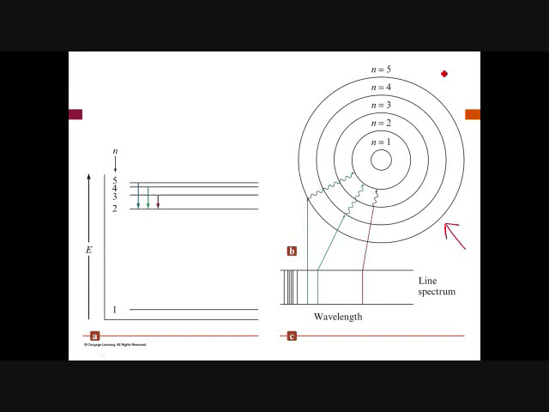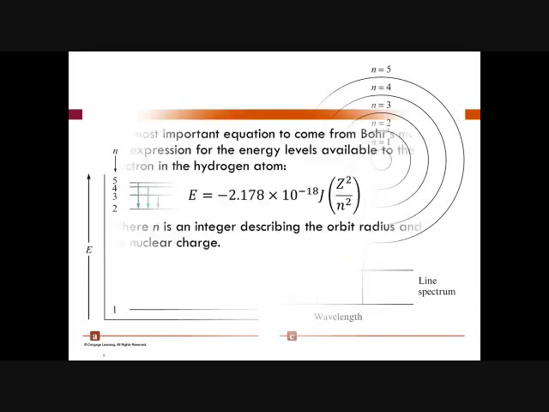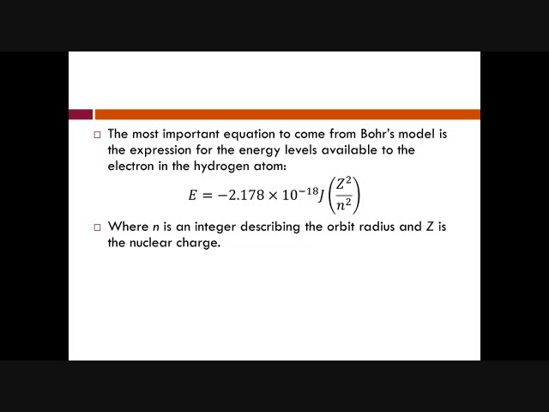They also tell us about the line emission spectrum from EMR, visible light, that we talked about in Chemistry 1. We'll talk about that another day too. But the most important thing to come from Bohr's model is the energy level available to the electron, which is this equation, where n is an integer describing the orbit radius, and Z is the nuclear charge.